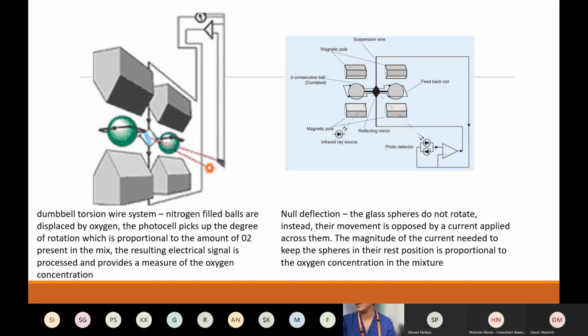Building on that is the idea of null deflection, where the glass spheres do not rotate. Instead, they're kept in a resting position by an opposing current that's applied across them.